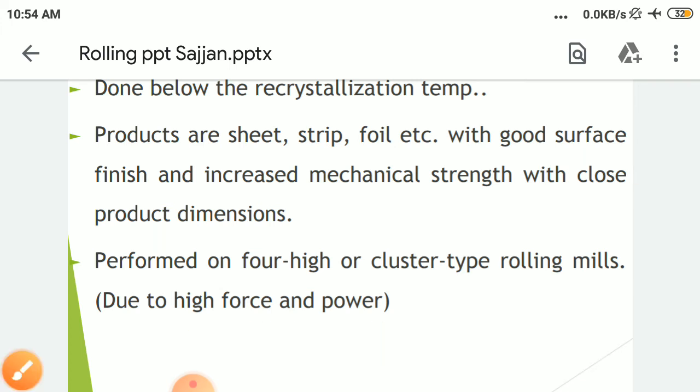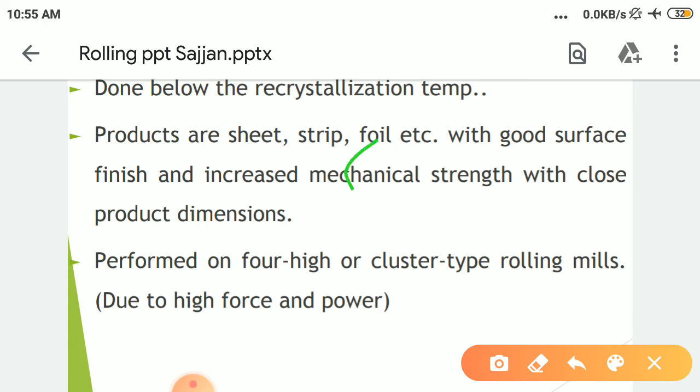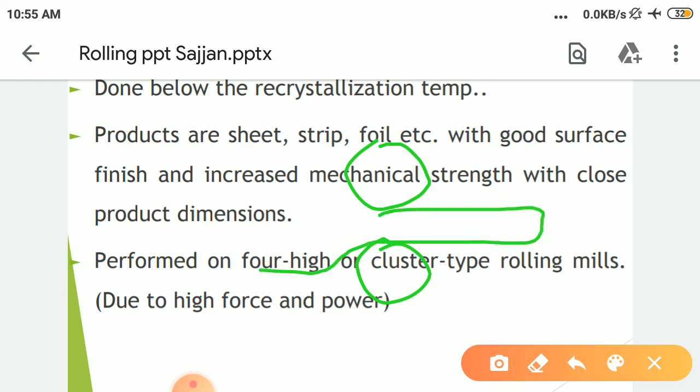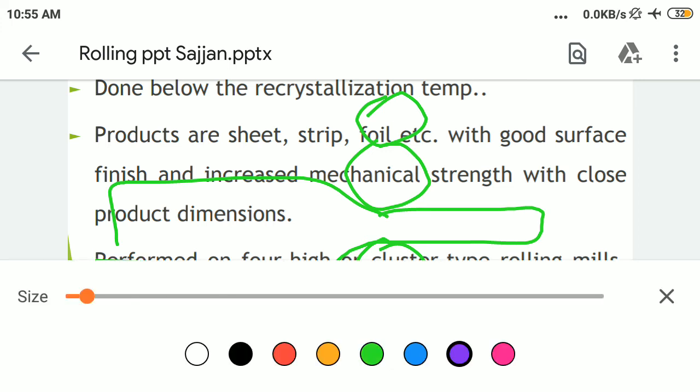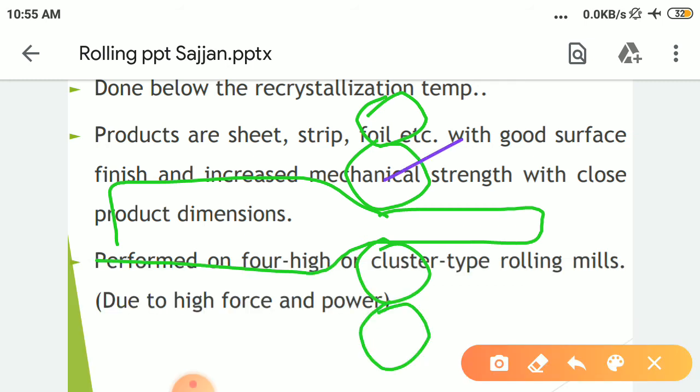So rollers will be like this. These are the 2 rollers. Let us say that this is our strip. Now here another roller will be there, and here another roller will be there, just to give support to these rollers.